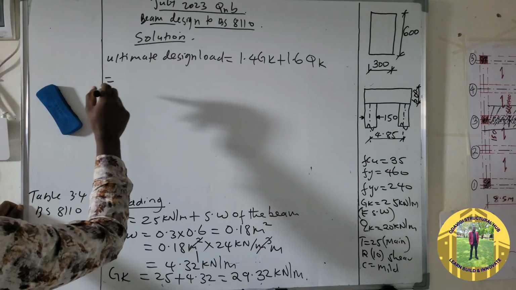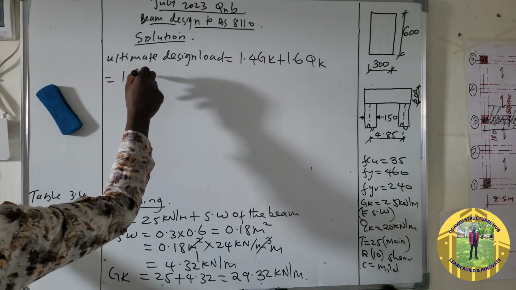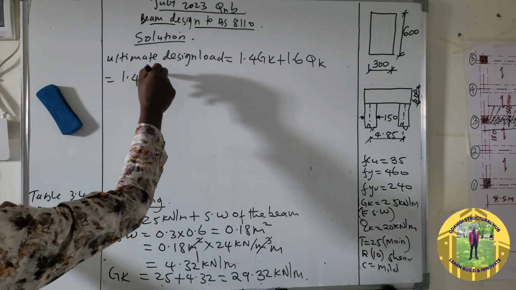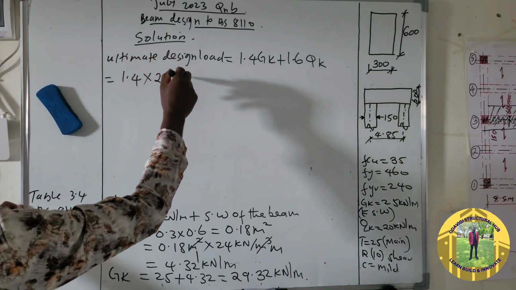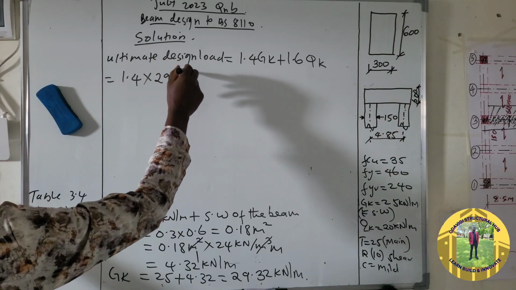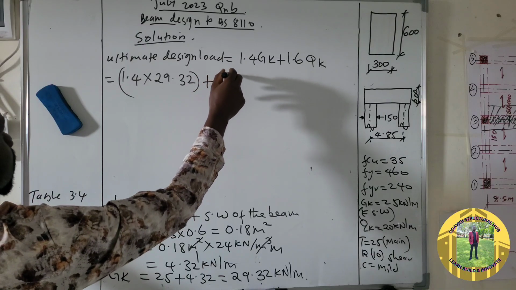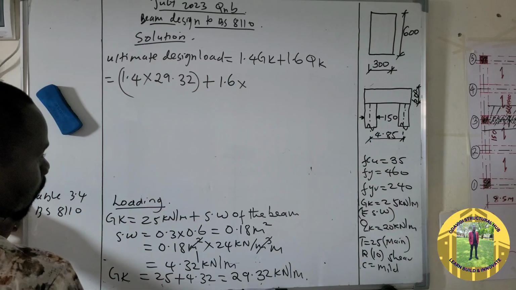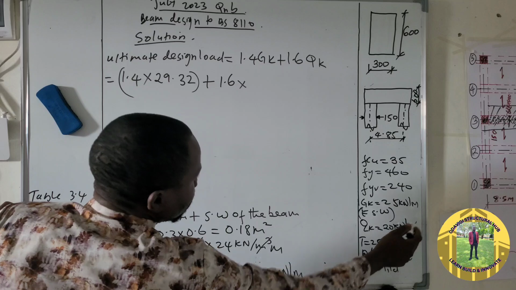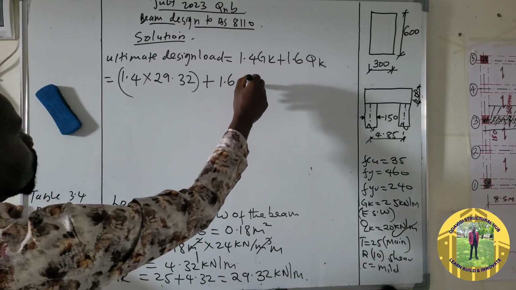So this is 1.4 times 29.32 plus 1.6 times QK, which is 20.